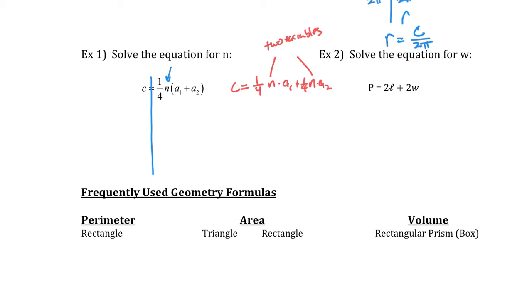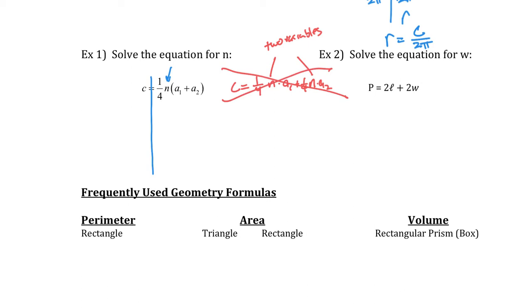We want to focus on the one variable. We don't want it in a whole bunch of different places. We want it in just one place. And in my original problem, that is the only n variable in the whole equation. So using distributive property actually gives me one there and there, which makes it more work, which is why this is not going to be the approach that we take.